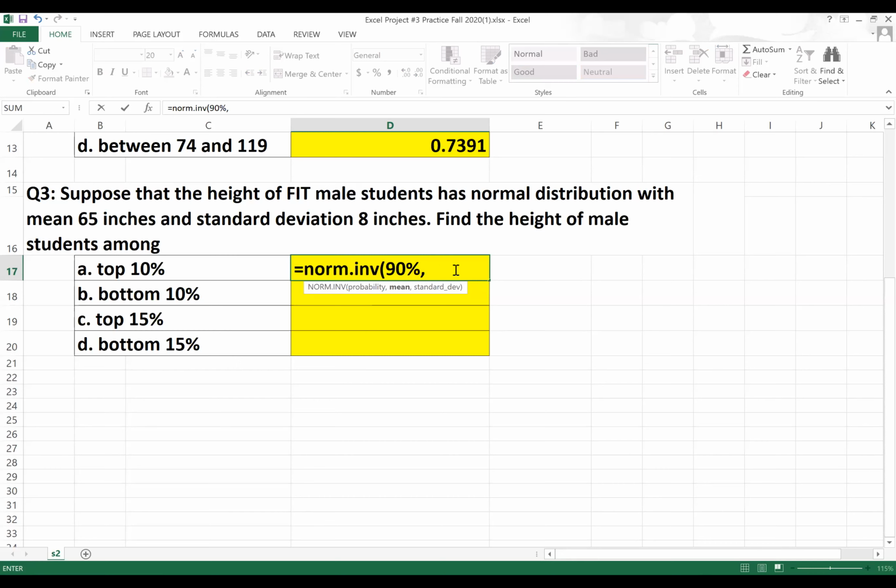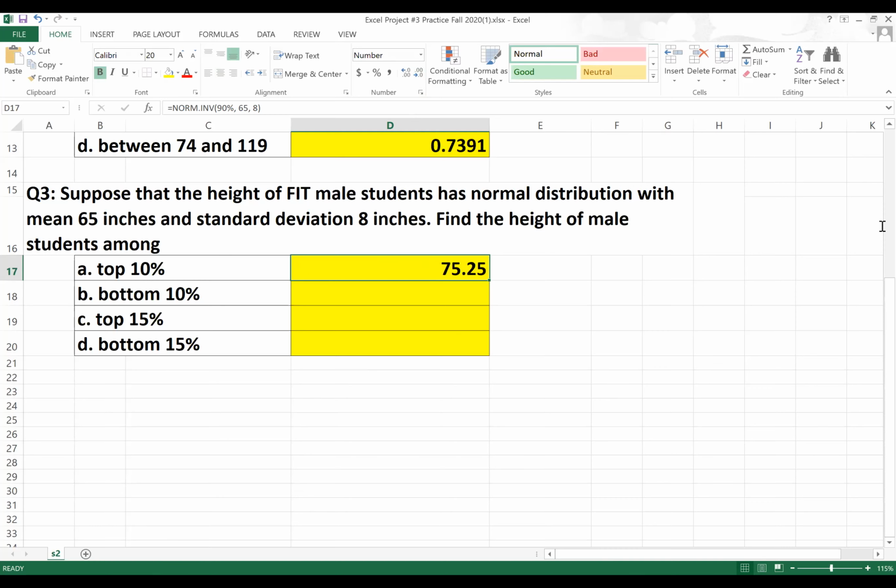Once you have that nailed down, that's the most important thing. Now put in the mean, 65, and standard deviation, 8. Once you have all three elements ready, press enter. You see 75.25 rounded to two decimal places.